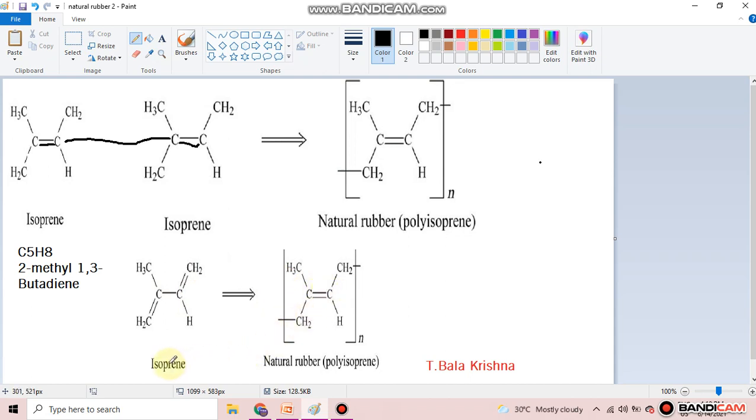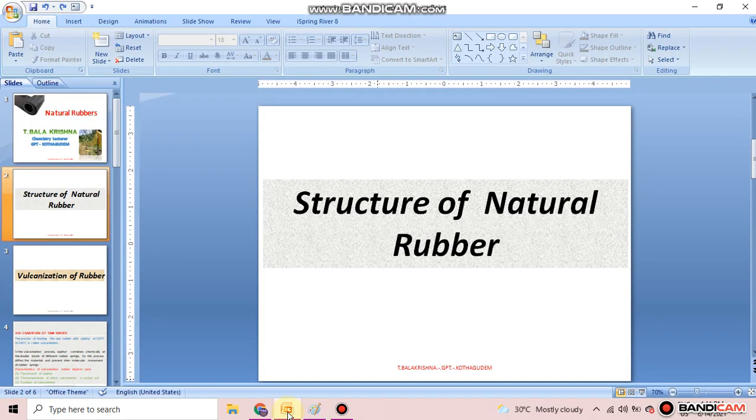That is the difference between isoprene and the polymer. By using this technique, we can easily write the structure of polyisoprene, that means natural rubber, and also write the isoprene structure. This is the structure of natural rubber. Is it clear, students?